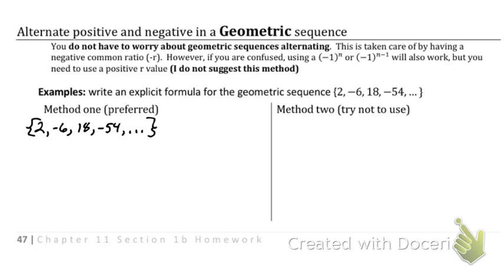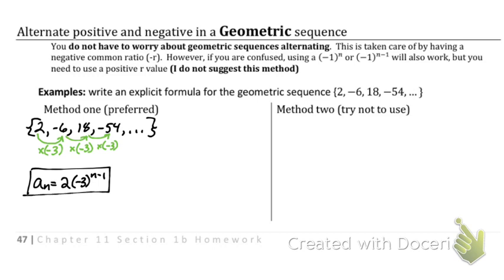There's no way to do that through arithmetic, so this must be geometric or neither. Well, for geometric to work, we need to multiply by a number. We are allowed to multiply by a negative. And if you'll notice, each of these is multiplied by a negative 3. So my geometric sequence would just be a sub n equals my first term times my r value to the n minus 1. And you are done.